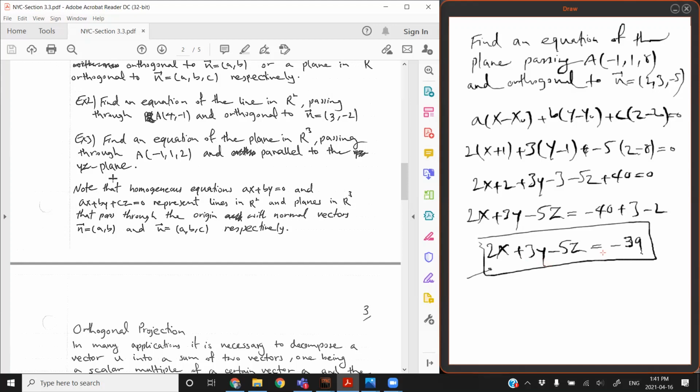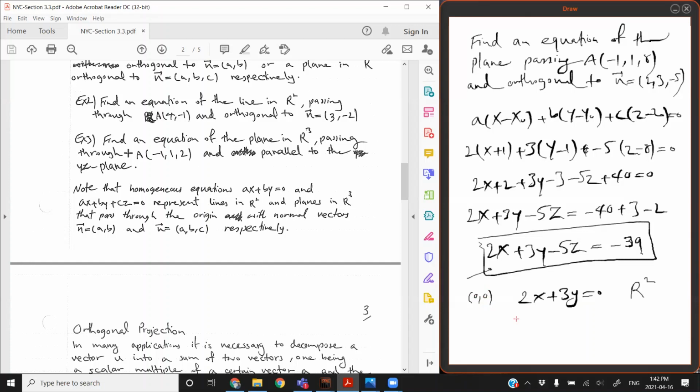This is basically a point-normal equation of a plane passing through this point and orthogonal to this vector. Another thing I want you to notice is that when you have a homogeneous equation, like, for example, 2x plus 3y is equal 0, and let's say this is a line in R2, then this would be a line that passes through the origin because the point 0, 0 satisfies this equation.